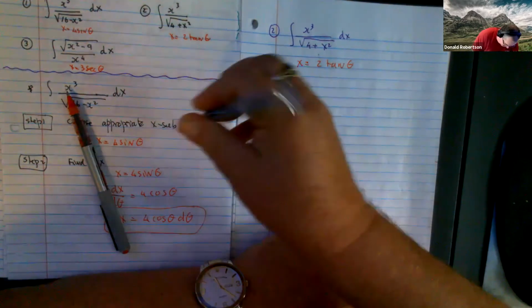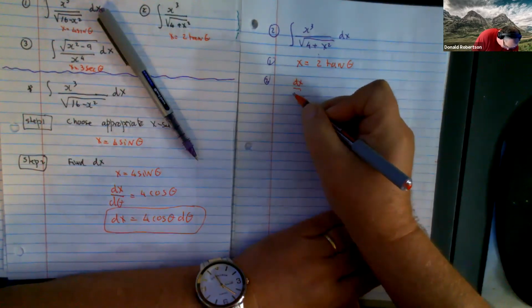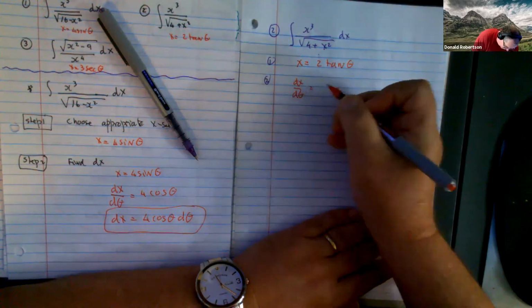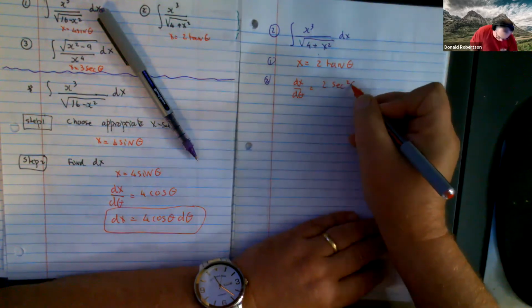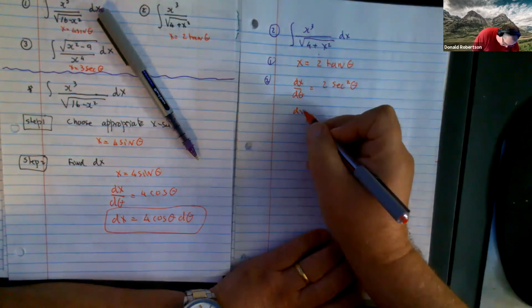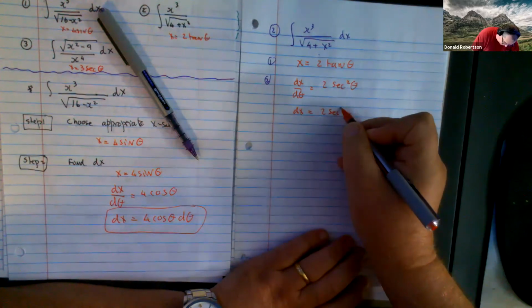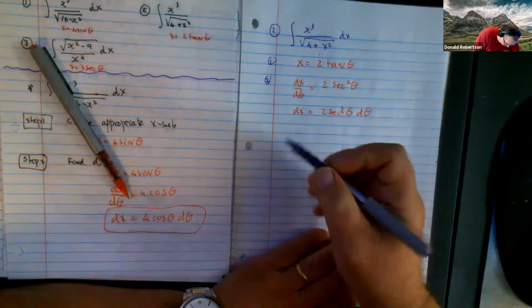Stage 2 coming up. Differentiate this guy with respect to theta. If you differentiate a tan, you get secant squared theta. And you do the crossover, you get 2 secant squared theta d theta. Then we'll do step 3.